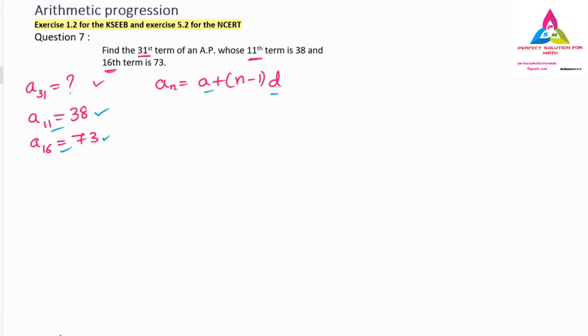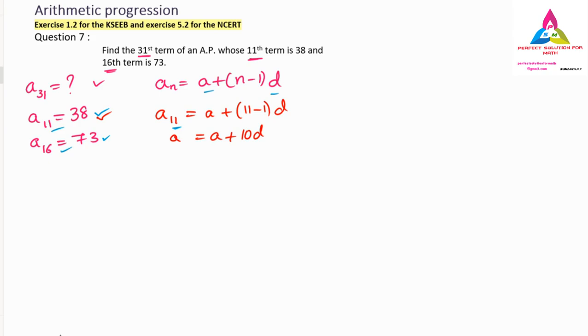So A11 now we have to take, because the A11 is given. So A11 is equals to a plus n value we know now. What is the n value? When we are taking that A11 means the n value will become 11. So now we have to write down 11 minus 1 into d. So A11, directly we can say that A11 is nothing but a plus 10d.